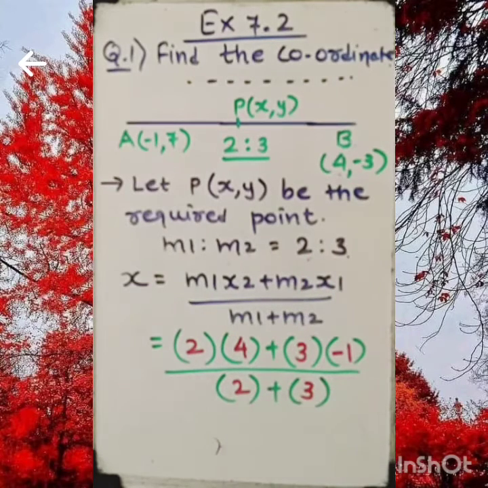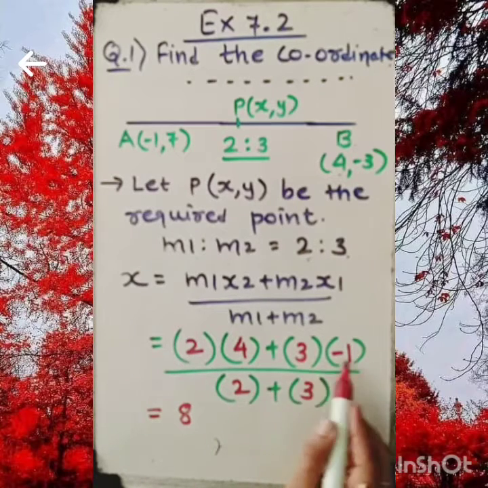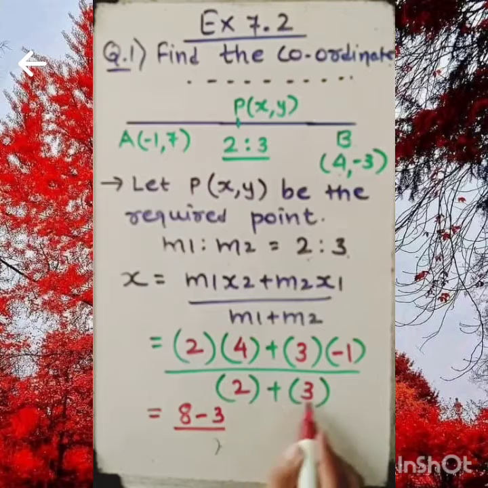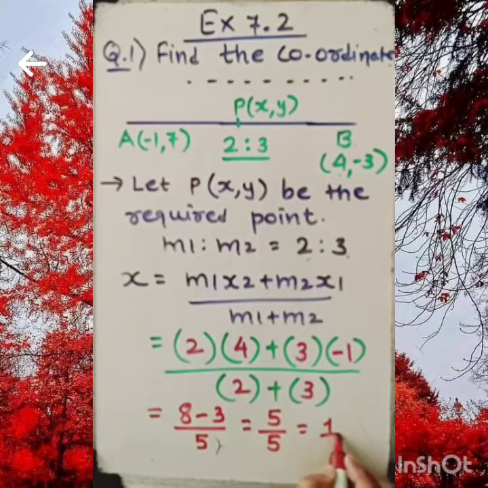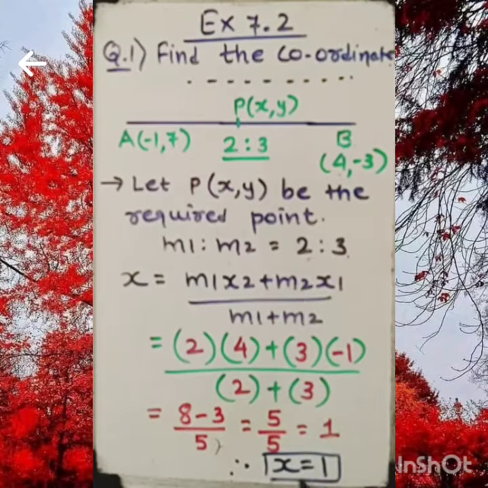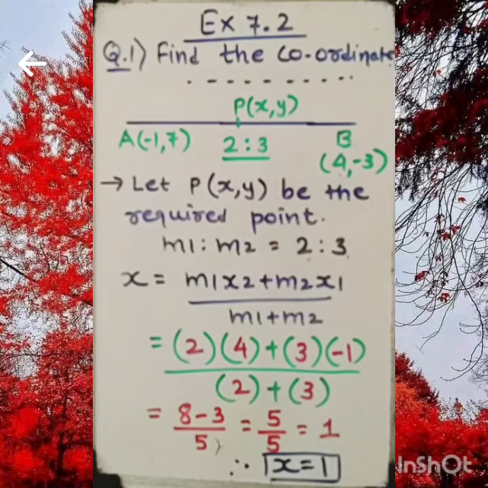You only need to put the values at the required places with the proper sign. So 2 fours are 8, 3 ones are 3 but it is -3, and 2 plus 3 is 5. So 8 minus 3 is 5 by 5. Simplification gives the result 1. So the value of x is equal to 1, that is the x coordinate for P point.